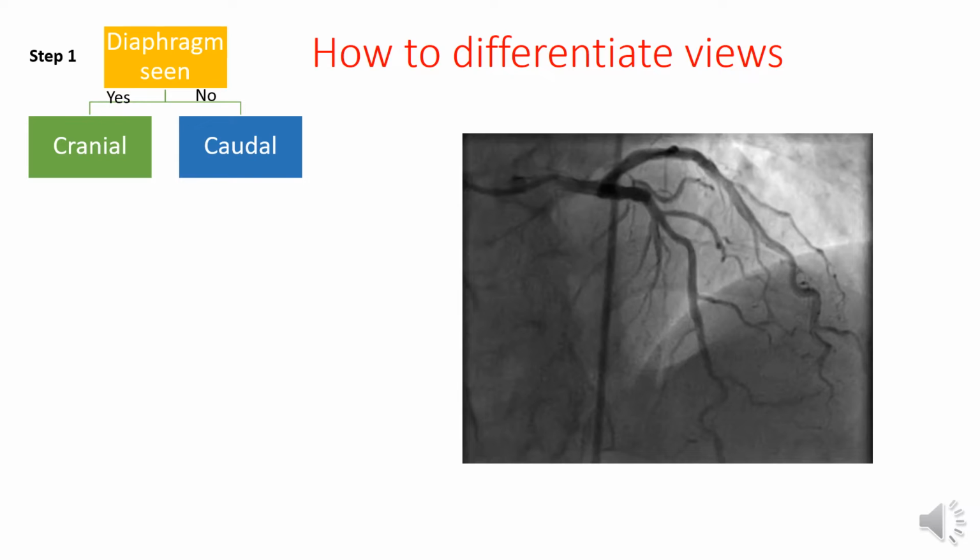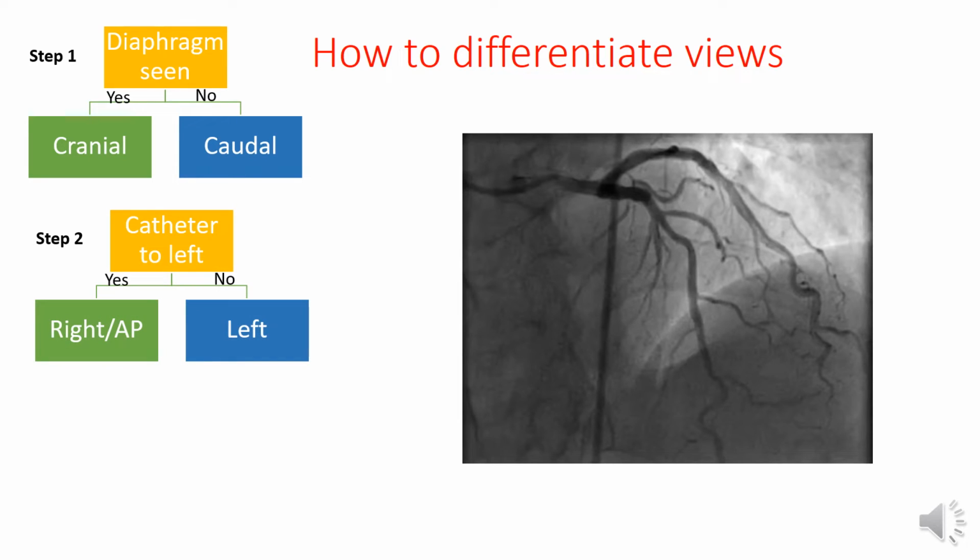So when I see the diaphragm, most probably it is a cranial view. Then we will look at the catheter shaft. When the catheter is seen on the left side of the coronary picture, this means it is a right cranial or epicranial view, and the opposite is true.